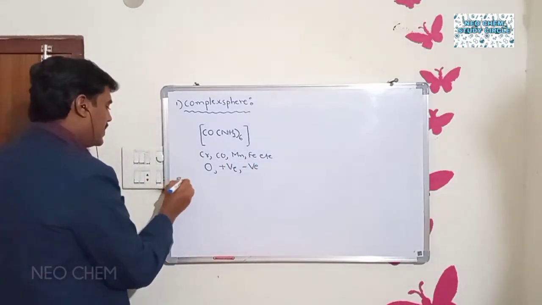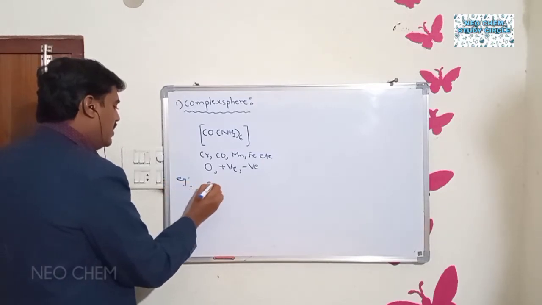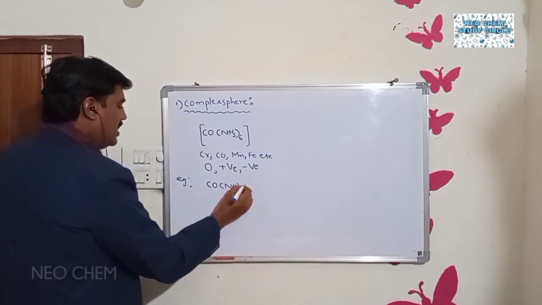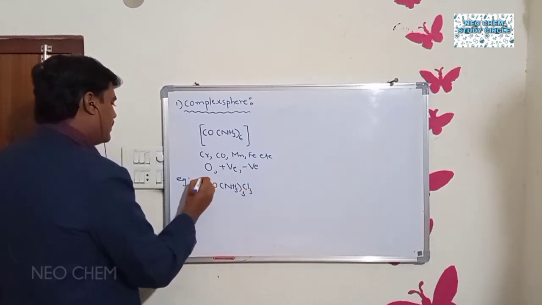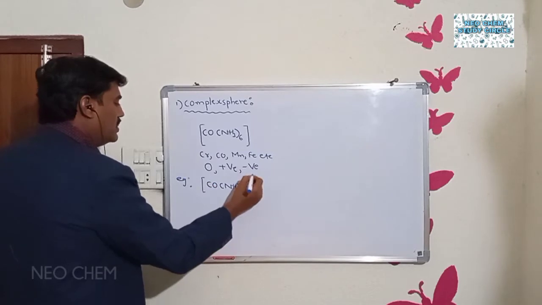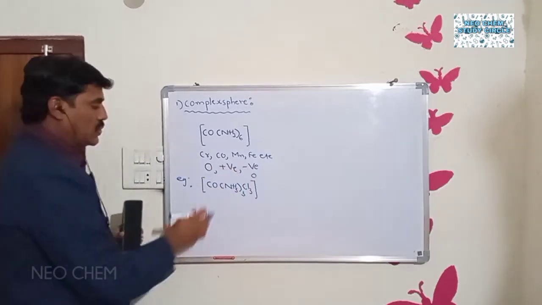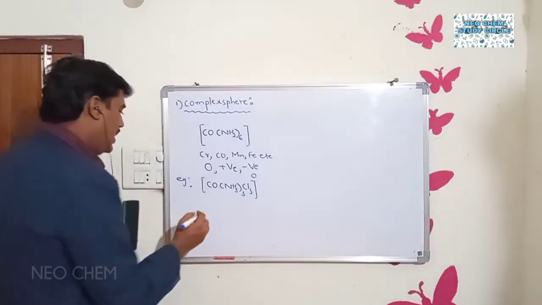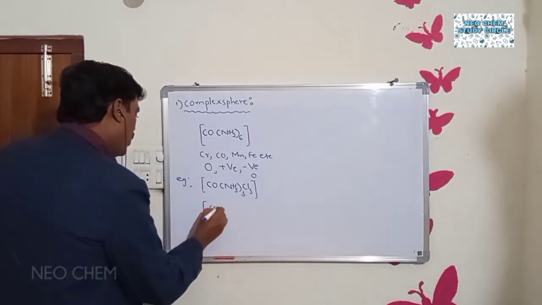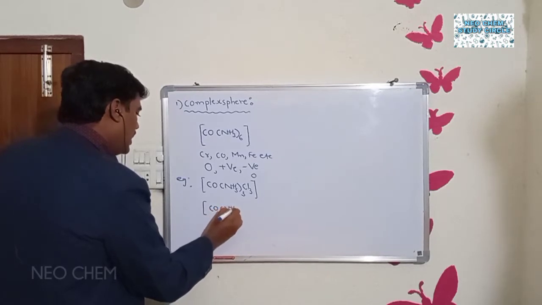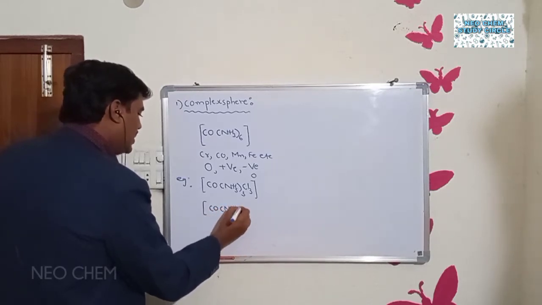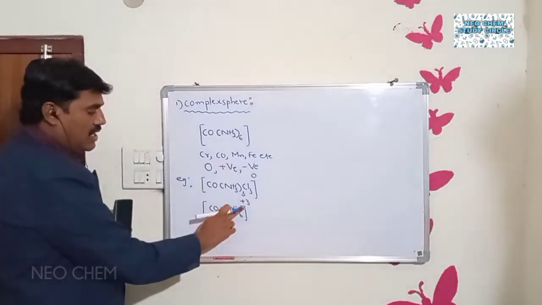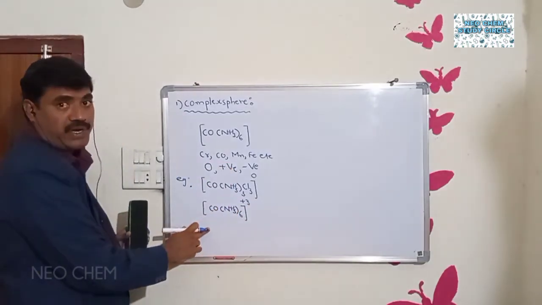For example, [Co(NH3)3Cl3] will have zero charge, so it is called a neutral complex sphere. Next, [Co(NH3)6]3+. This is the positive complex sphere.